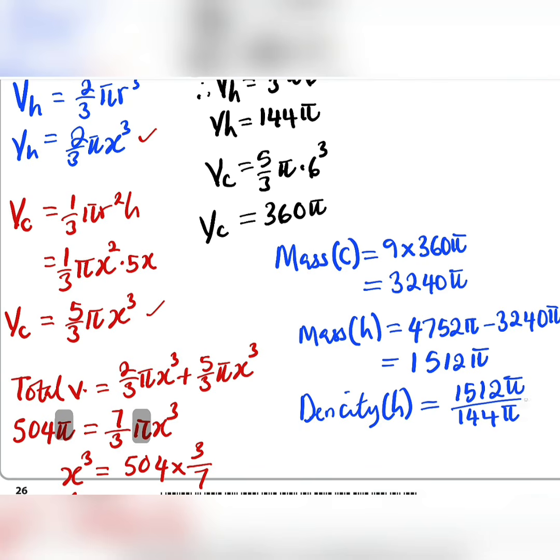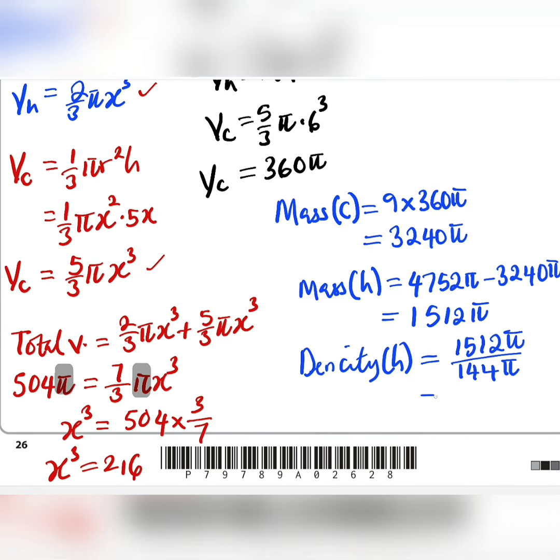The pi's will cancel. We have 1512 divided by 144. This is exactly equal to 10.5. And this is density. Remember, what is the unit? Gram per cm cube. Because this is measured in gram while this is in cm cube, the volume. So we have gram per cm cube.